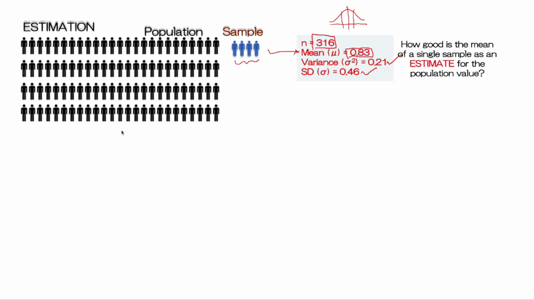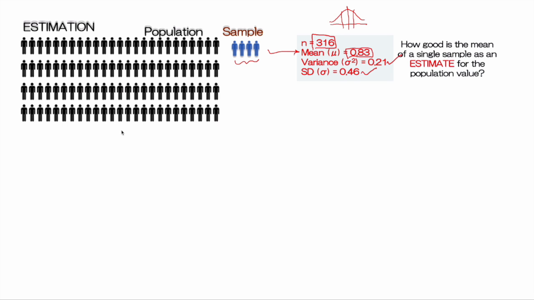Or, as I wrote here, how good is the mean of the single sample as an estimate of the population value? There are a lot of statistical calculations here that we don't necessarily need to go through. We just explain the final results and how we can do it.